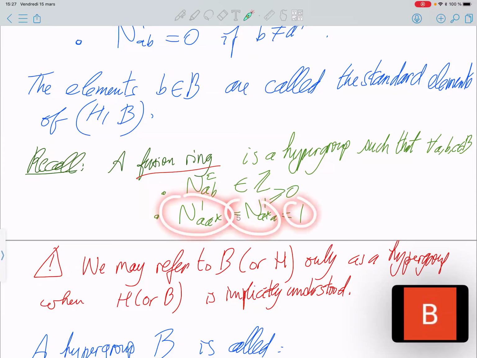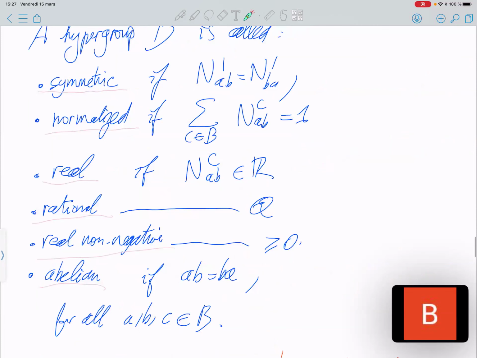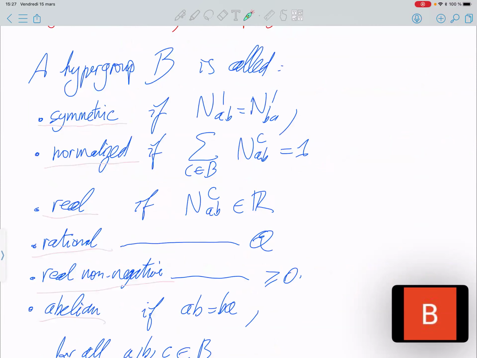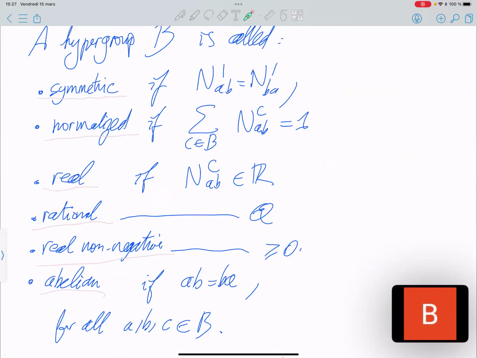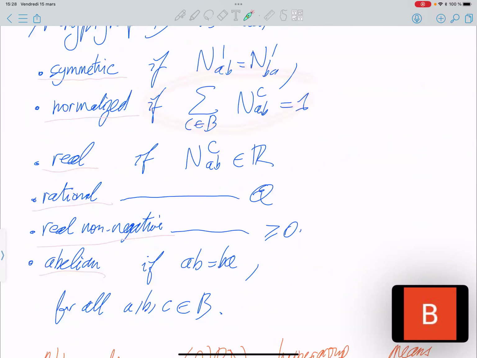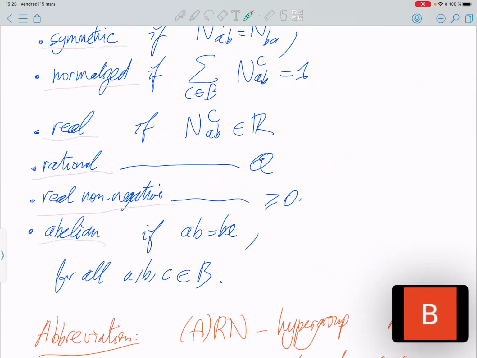Okay, so then we explain several definitions: symmetric, normalized. So we will use normalized, in fact, in what we will say now.